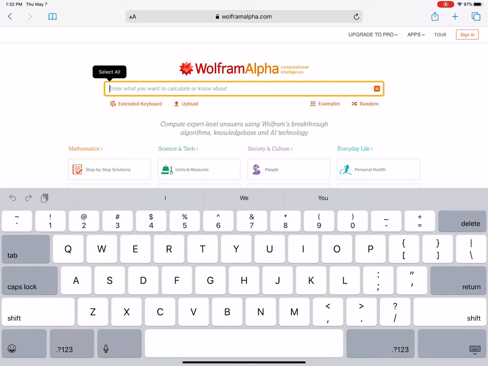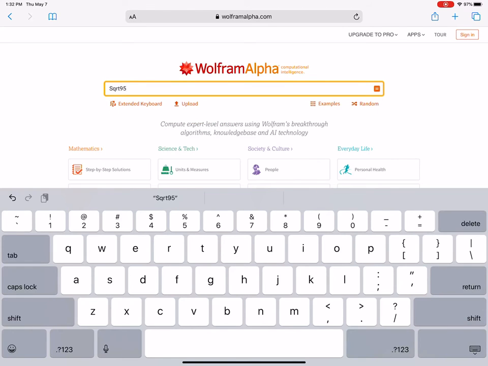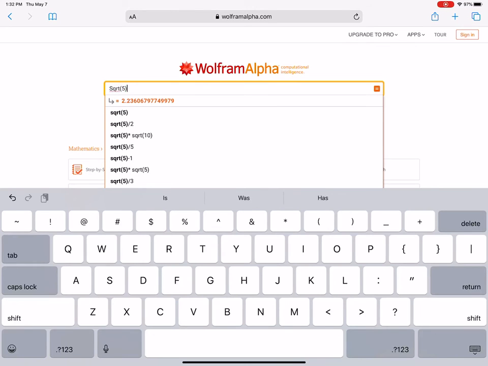First of all, I want to multiply. So I'm going to go square root of 5. I'm going to have to make sure I get this right. Now I'm going to times that by parentheses.